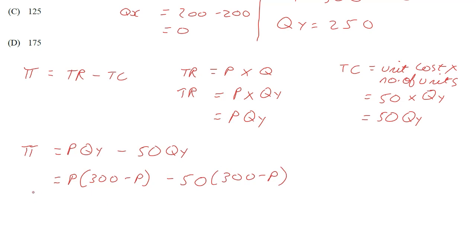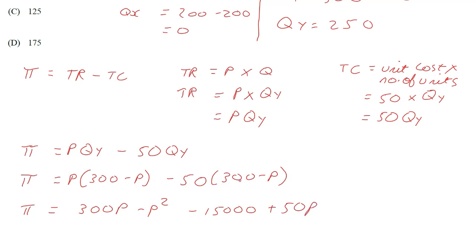Now we solve further. So profit is equal to 300p minus p square minus 15,000 plus 50p.